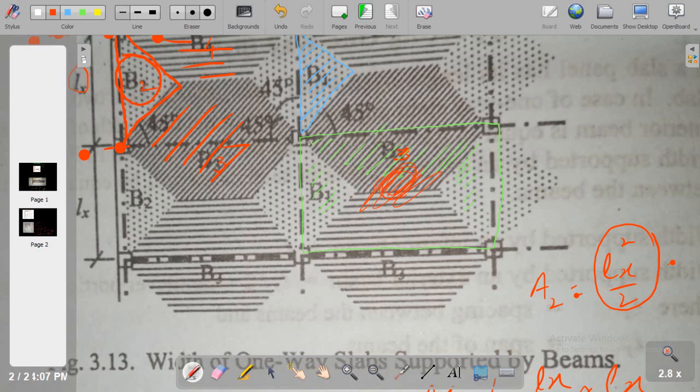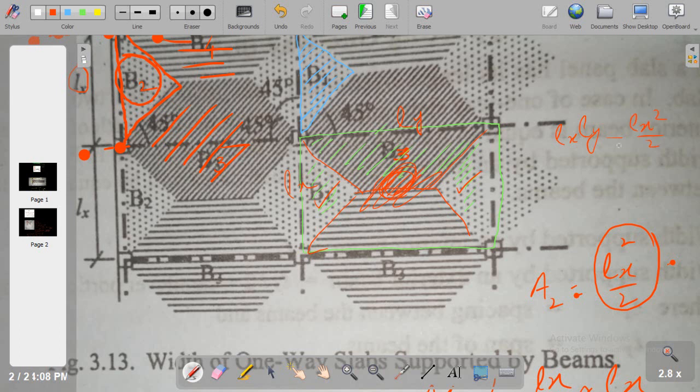Or you can see what should be the area of this trapezoid and this trapezoid. This will be the total area. This is my Ly and this is my Lx. So Lx times Ly, this will be the total panel area minus this triangle and this triangle. We know the two triangle area which we already calculated.